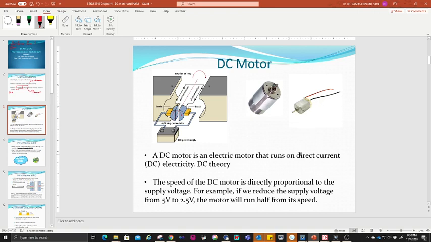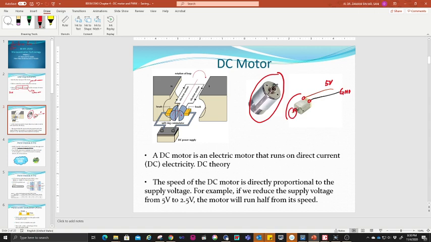Here is the DC motor example that we are going to play with. It has only two connections. If you put 5 volt on one, like a battery, and ground on the other, the motor will turn in one direction.